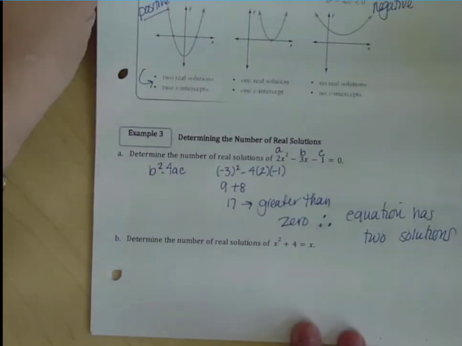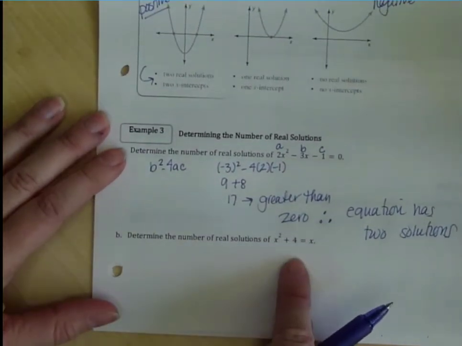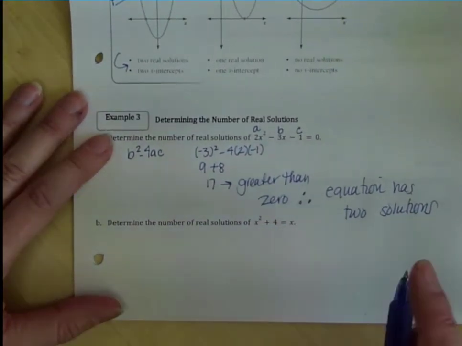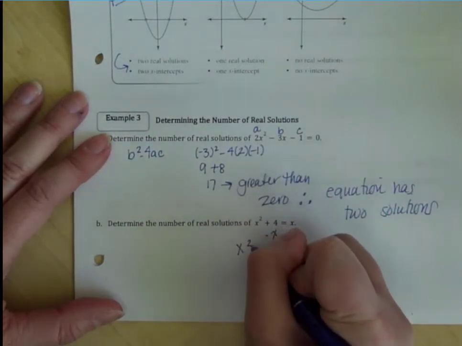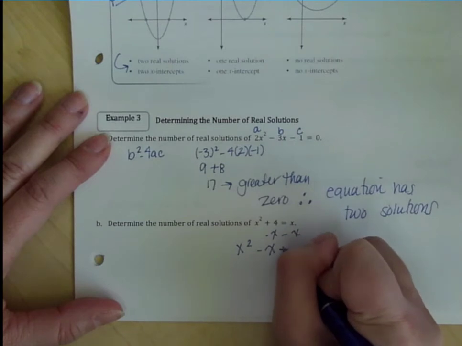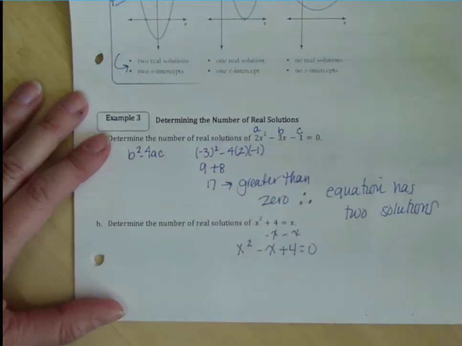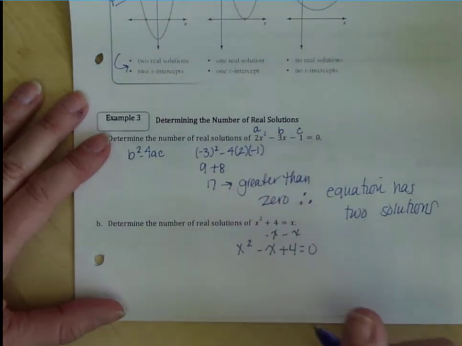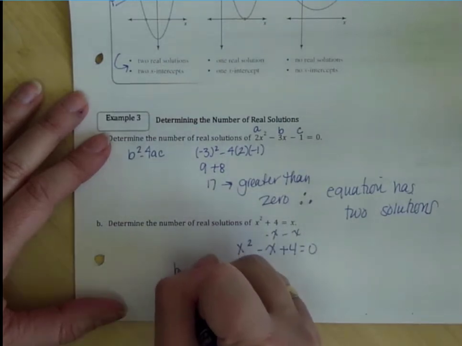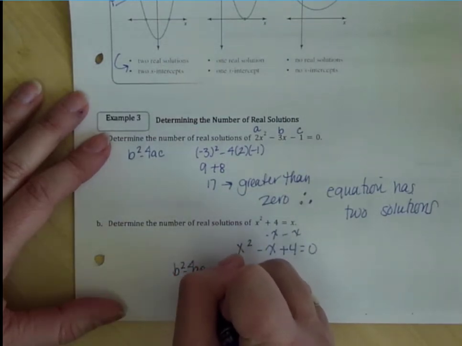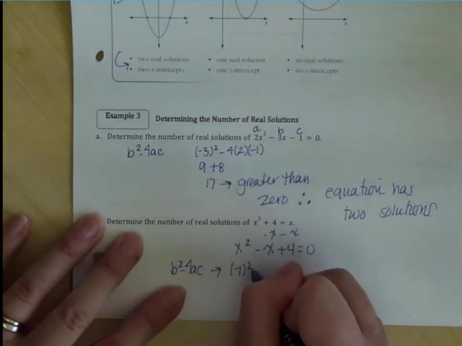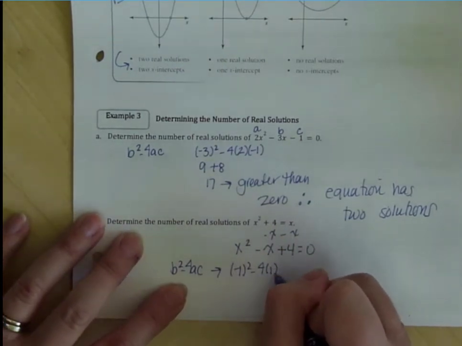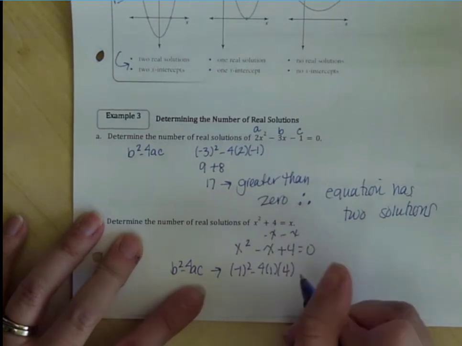Now, let's take a look at this one. If you notice, it's not in standard form, so we're going to have to subtract x from both sides, leaving us with x squared minus x plus 4 equals 0. So again, b squared minus 4ac. I've got negative 1 squared minus 4 times 1 times 4.